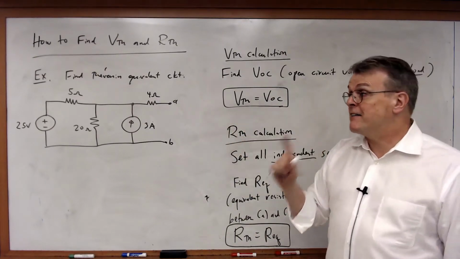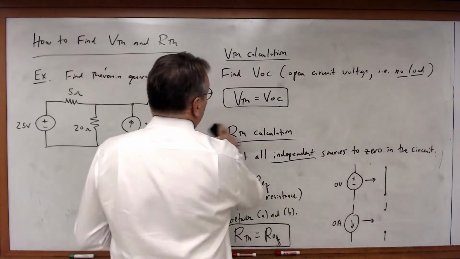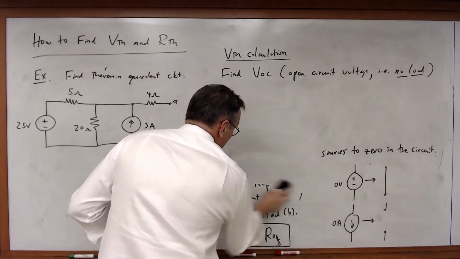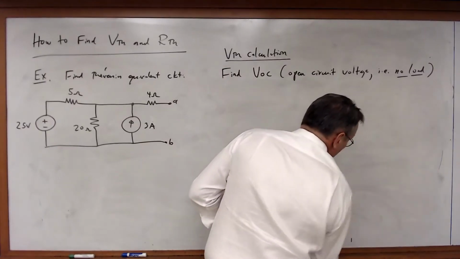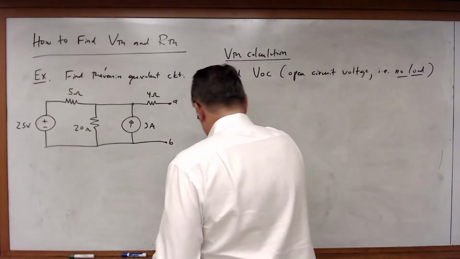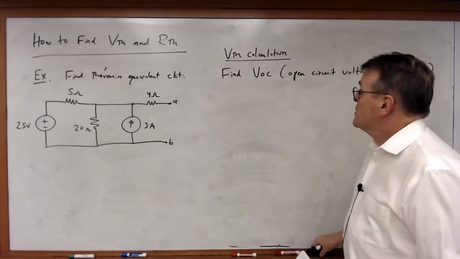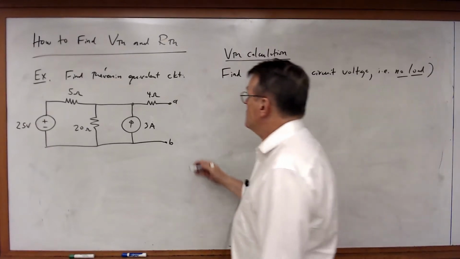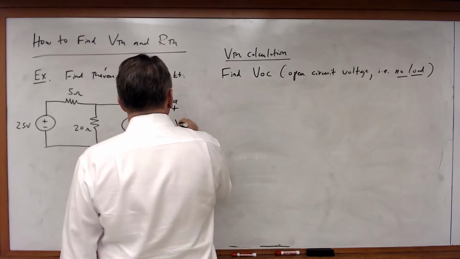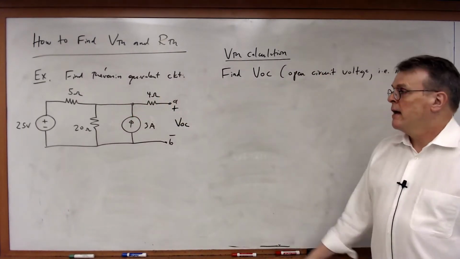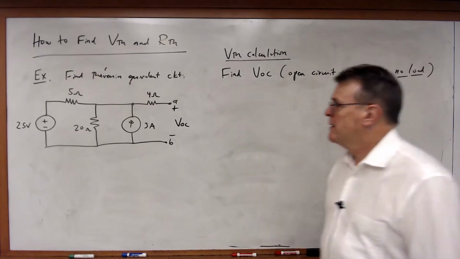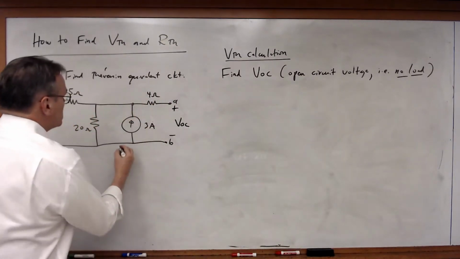Let's first find Vth. So we find the open circuit voltage. I'm going to find the open circuit voltage between terminals A and B. I can use any technique I want. In this case, I'm going to use nodal analysis.